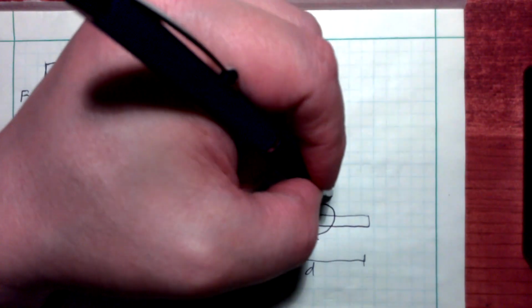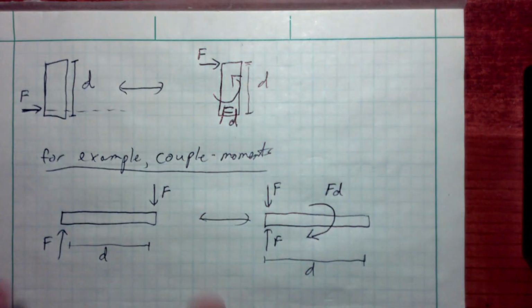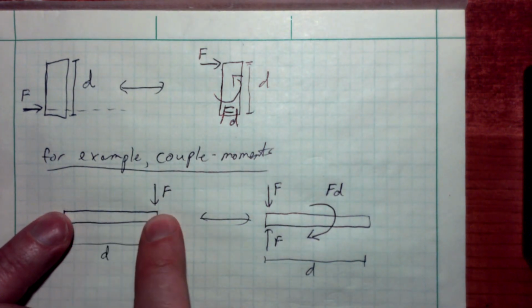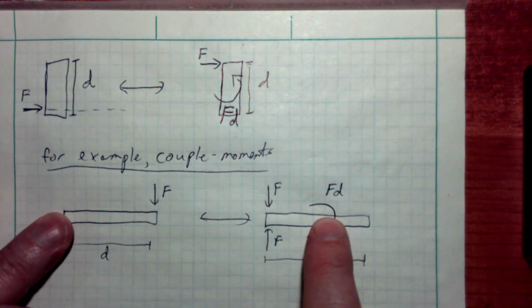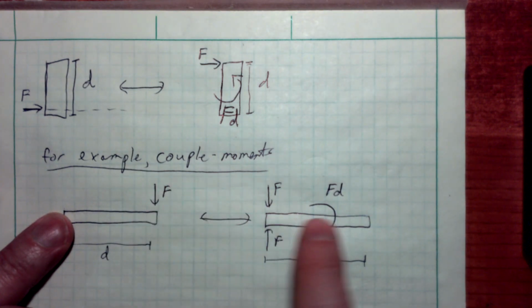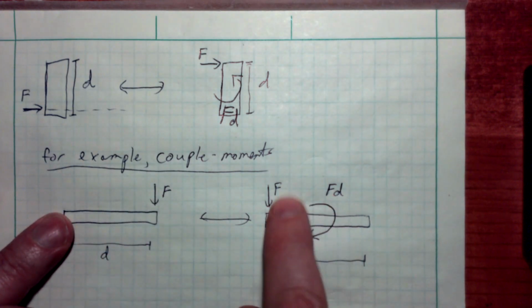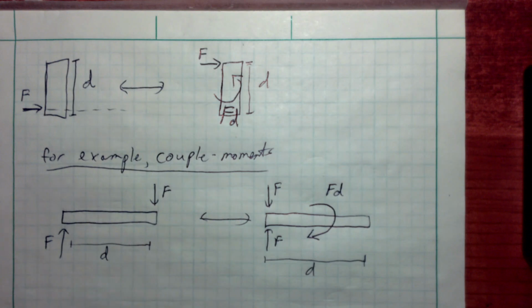So I need to apply a clockwise moment in the amount of the moment that I've now canceled out. That is this force times distance d, because I've moved this force now over here at distance d. So I need to preserve the moment that this force was causing. This force was causing moment Fd. It's no longer causing that moment Fd when I move it here. So for this to be an equivalent force system, I need to add that there.